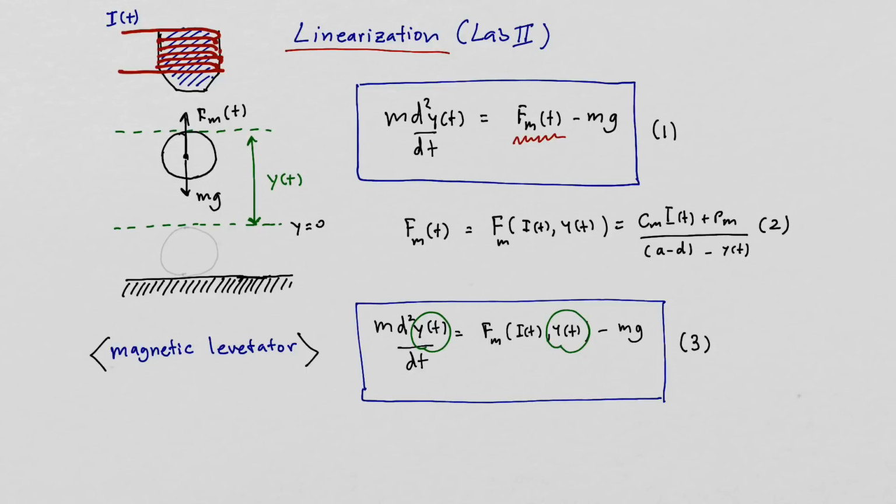This is not nice because all the linear techniques that we learned in the class, for example the Laplace transform, don't directly work here. So we are going to make a linear approximation of equation 3 in a form that becomes convenient for us to apply the control techniques that we have learned.